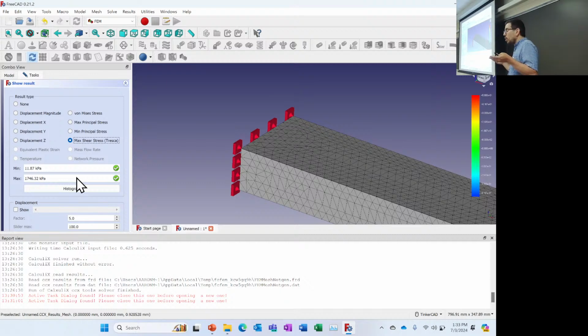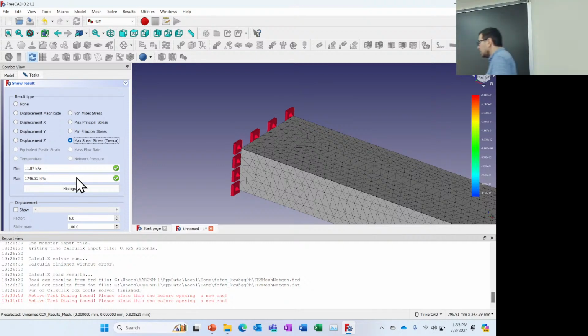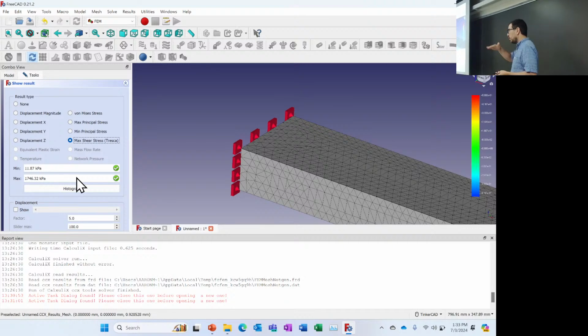For a long beam like this, what dominates is the bending stress. The bending stress is almost essentially like uniaxial loading, except it varies as a function of where you are above the longitudinal axis.